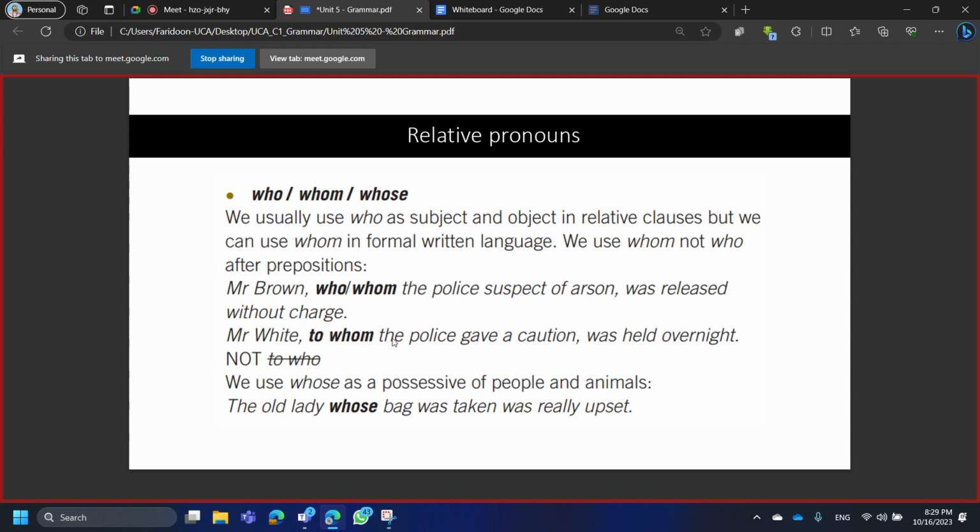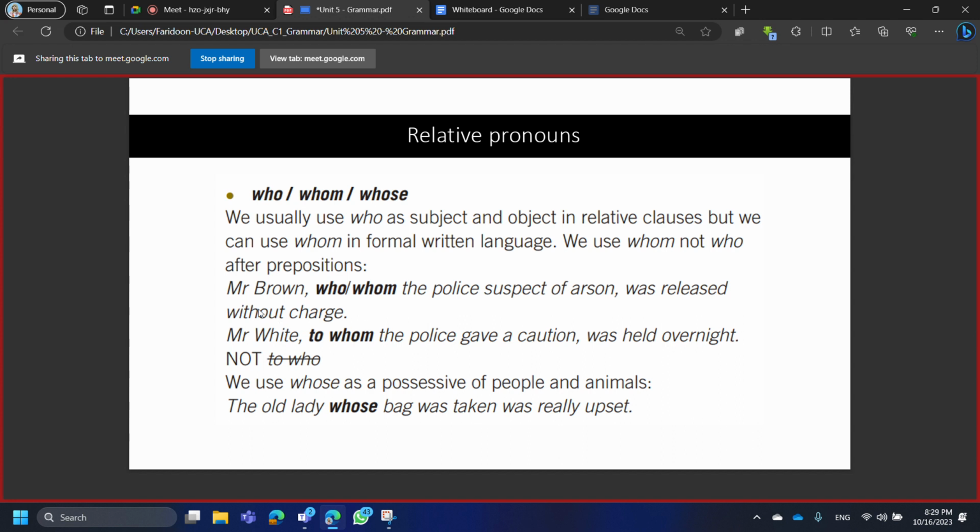If you want to sound very formal, we can also put them before the relative pronoun. And if you put them before, like in here, to whom, it's always advised to use whom and not who, because who does not work.